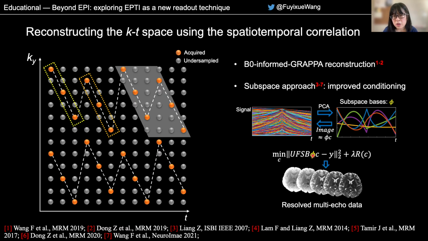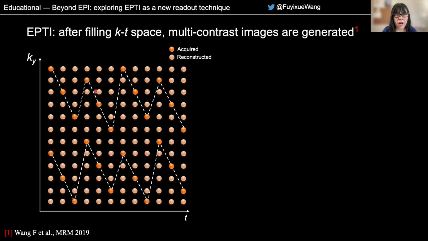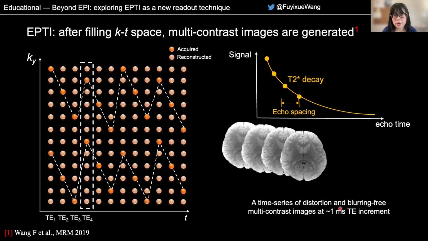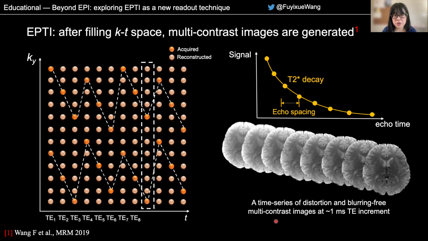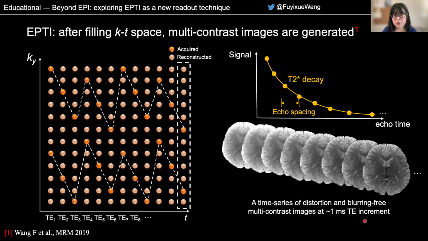By estimating the coefficients of these subspace bases instead of all individual echo images, we can reconstruct multi-echo data with a reduced number of unknowns and improve reconstruction conditioning. So after reconstructing the KT space, a time series of distortion and blurring-free multi-contrast images can be generated at small TE increment.